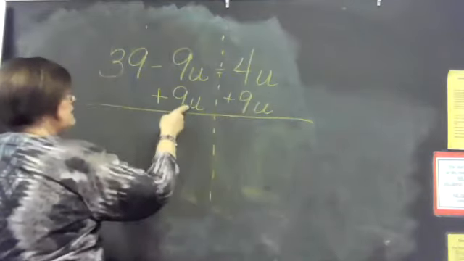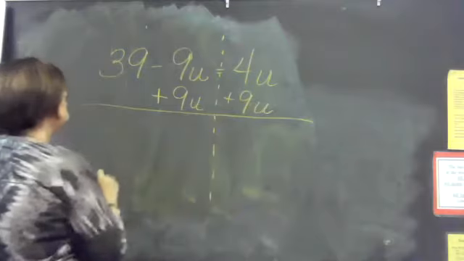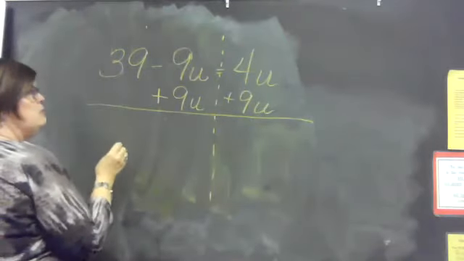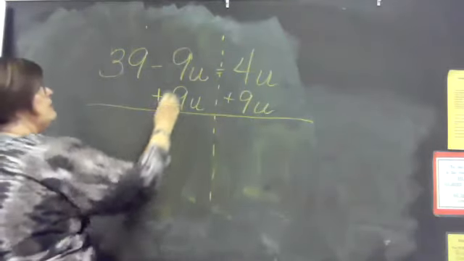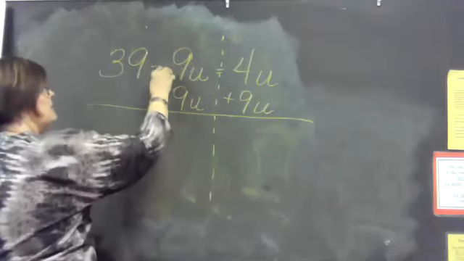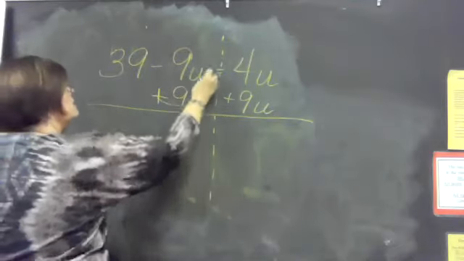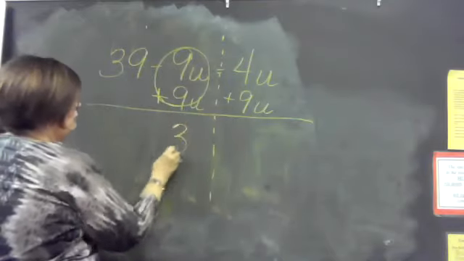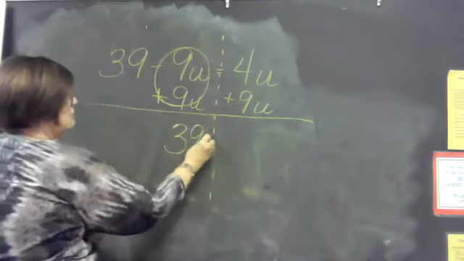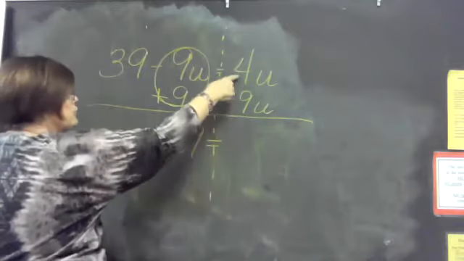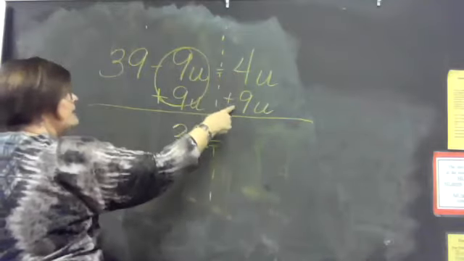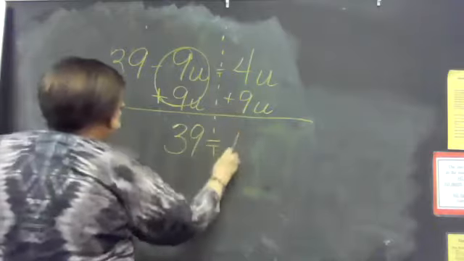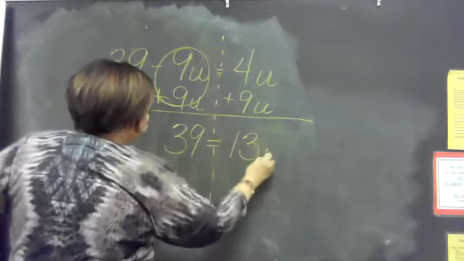It has to be a plus 9u, so a plus 9u. Now, let's see what we have left. Remember that this is exactly the same. The signs are different, so it's an additive inverse. Now I have only a 39 left over here. And I have 4 u's plus 9 more u's gives me 13 u's.